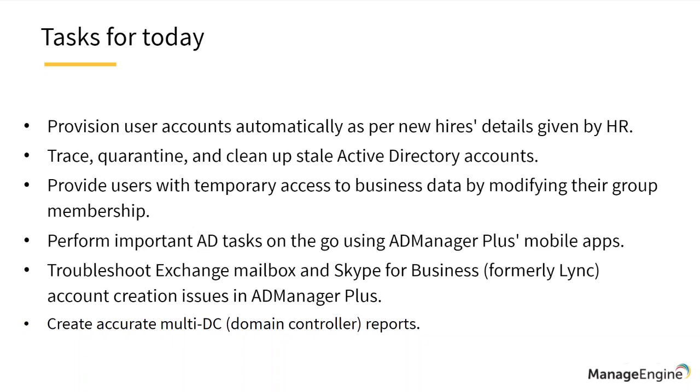Then we'll see how we can provide temporary access to business data by modifying the group membership of users. So if we want to give a user access to certain privileged information, then we might add that user to a security group so that they'll have some elevated permissions in Active Directory, and they can get the data that they require. This is fine as long as we remember to revoke the permissions after the user has performed the actions.